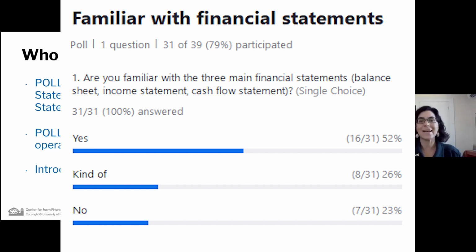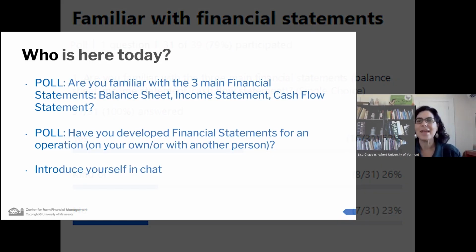About a quarter, kind of, and we've got a little less than a quarter are not familiar. So that makes the job especially interesting for Curtis and Zach, as they're talking to people with a lot of different levels of familiarity with financial statements.